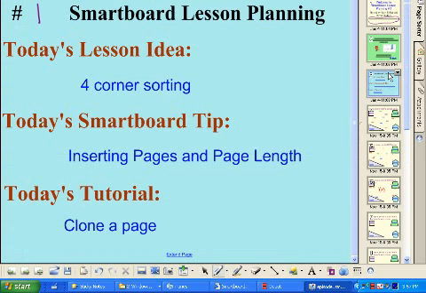And then having students then work with their own examples and their own way of constructing their knowledge of definitions. Then we moved on to inserting pages and page length, being aware of not using the extend page too much, but inserting a blank page or cloning a page to work with, so that we're not having to recreate the wheel every single time that we work with the Smartboard document.